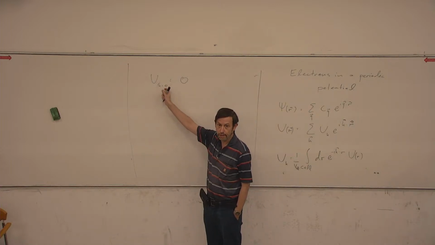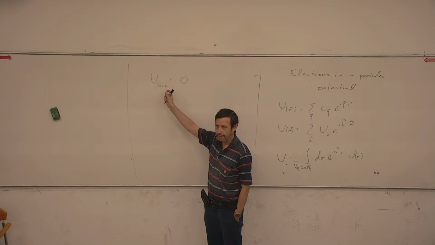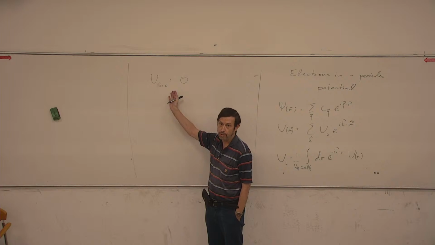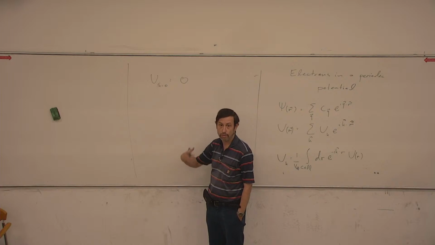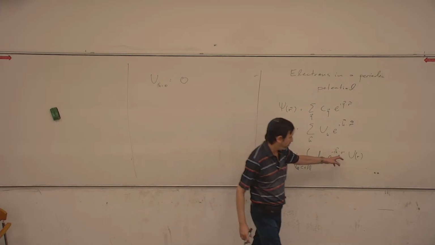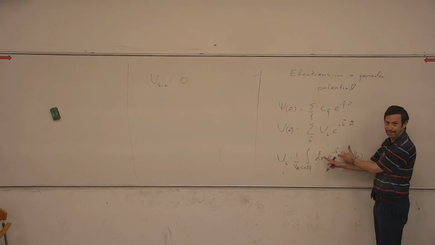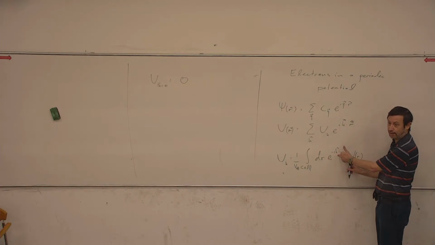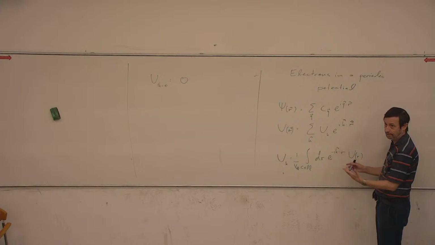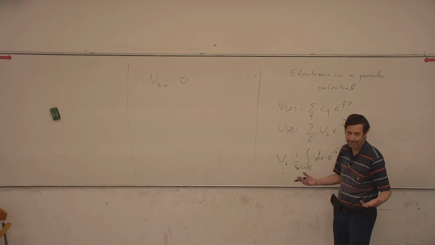Why is it U of k equals 0? That's something you should internalize and should become second nature for you. The average is always the zero mode of the Fourier transform. Why? Because if you put 0 here, you're just integrating over the function, with no phase. So it's the average.